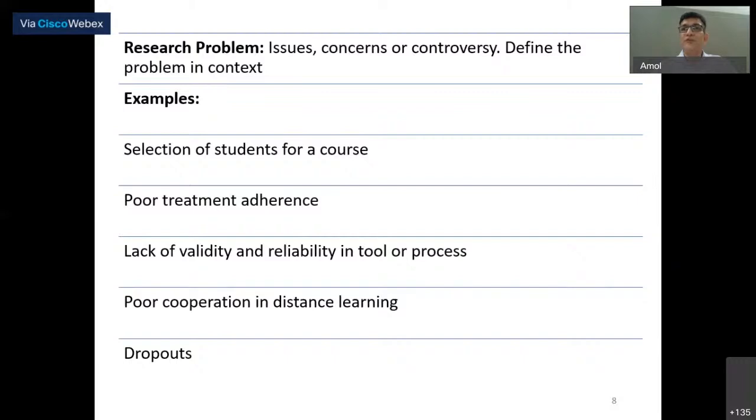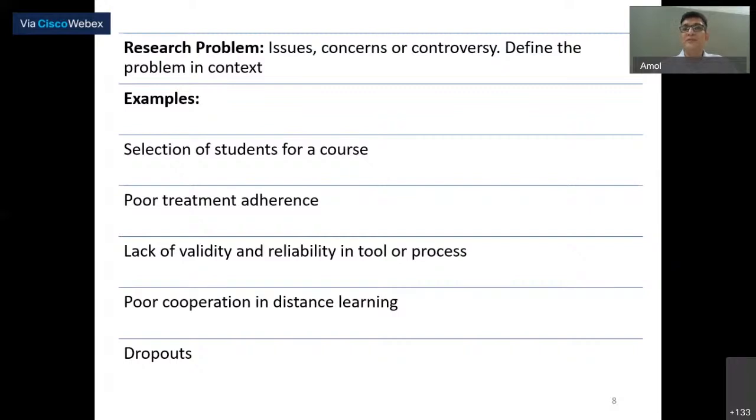If you have a problem of poor treatment adherence, then you would naturally like to know why your patients do not take treatment. If you have a problem that most of the tools that you use for your practice and for your measurements are not valid and reliable, you can start with a problem that you don't have those kinds of tools and you need to develop those. If you are running a distance learning course and students are not enrolling for it or discontinuing the course in between, or they have high dropouts, you would like to find out the solution to that.